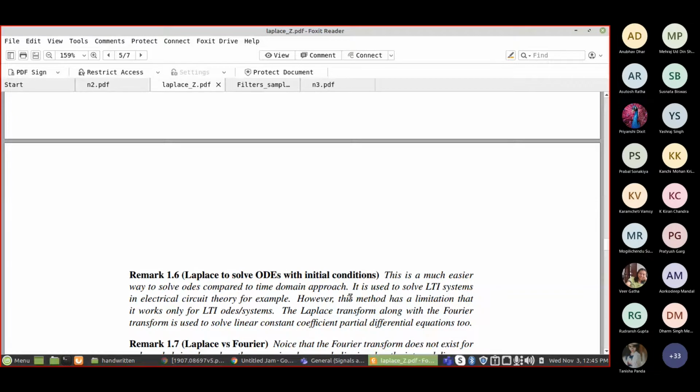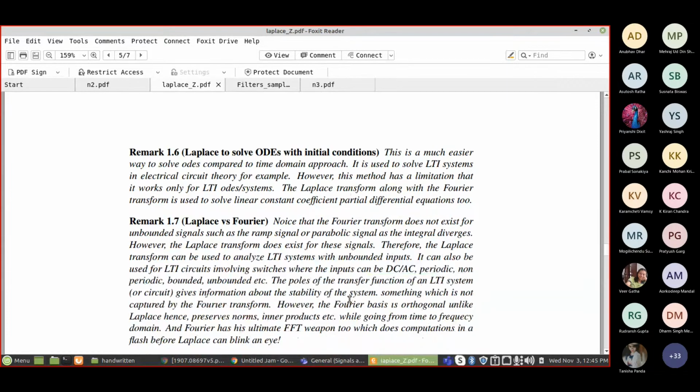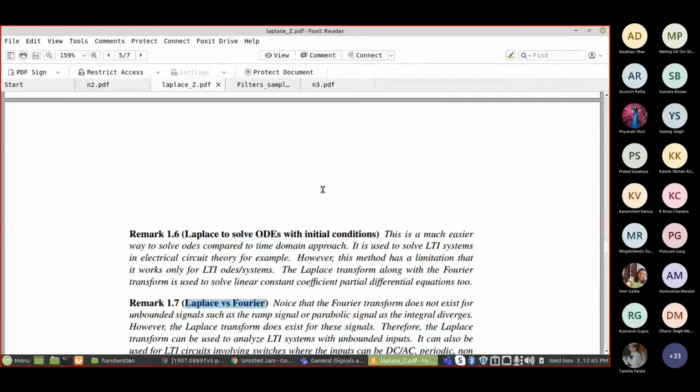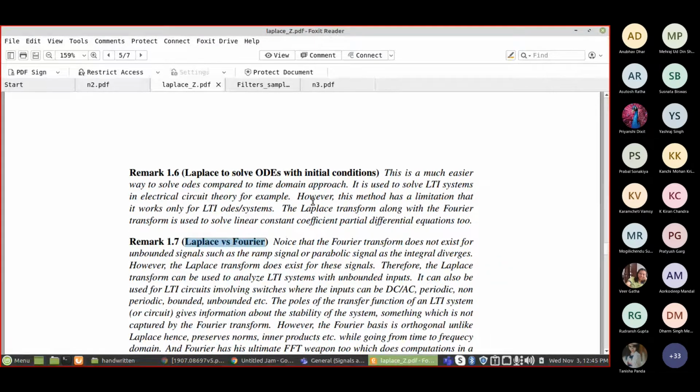Let's do this nice thing: Laplace versus Fourier. We have had a look at both the Laplace and Fourier transforms, and let's do this matchup. Who wins? Does Laplace win or Fourier win?